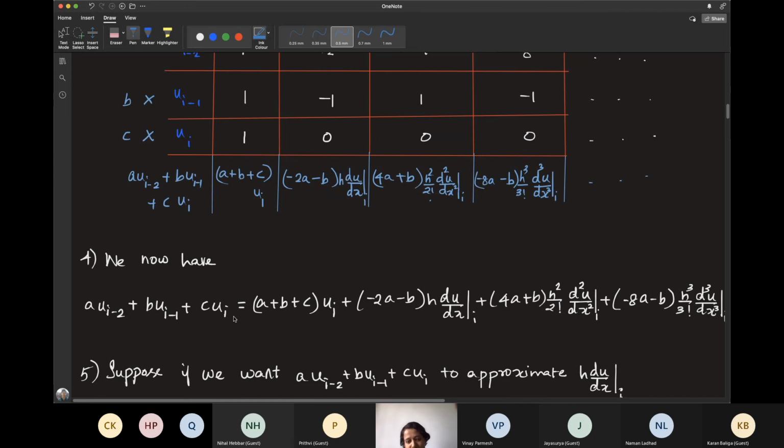Checking for consistency is like going backward from there. You replace your difference operators by the Taylor series expansion, and then you make delta t and delta x approach 0 to see whether your difference operator approaches your differential operator. Since we have already started with the Taylor series format, it's always going to be consistent.